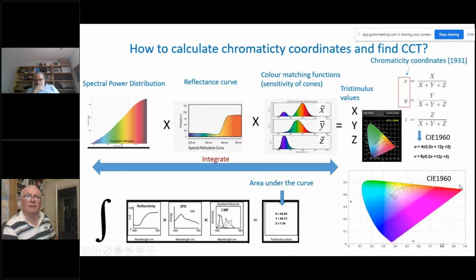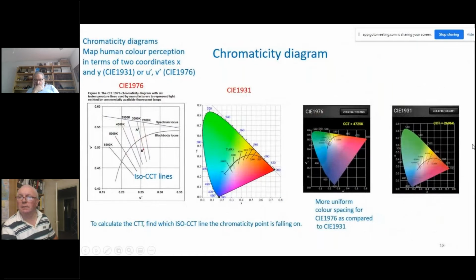But it has to be done in the 1960 version. You also have the 1976 chromaticity diagram, which has a more uniform color spacing, and these are the ISO-CCT lines shown in the 1976. The source could fall below or above these lines, but as long as it falls on one of the lines, then you can define the correlated color temperature.